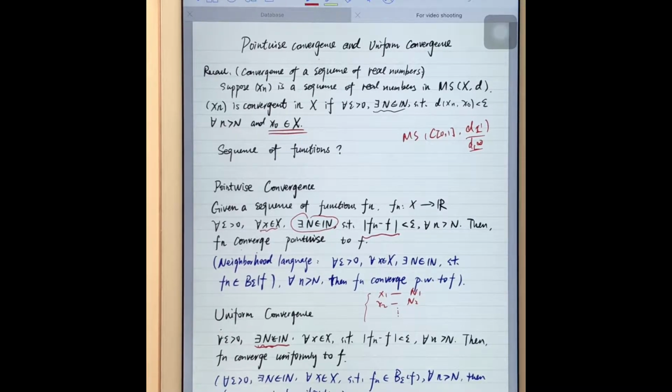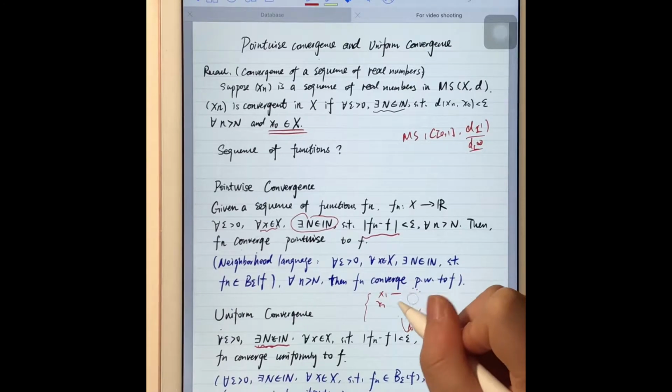The natural number you find must be the maximum, or the supremum, of all the n1 to nt, because that must be satisfied for all x. That is what we call uniform convergence.